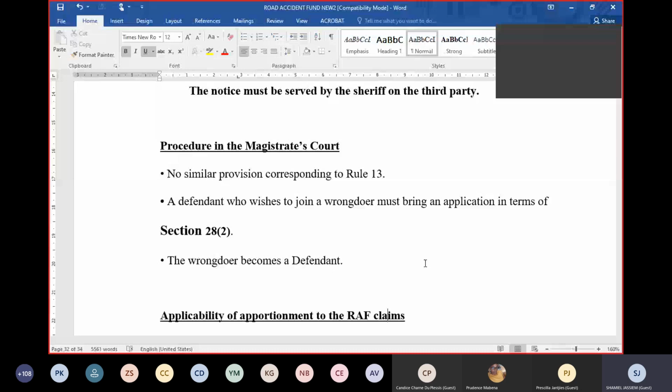Now having the background regarding a third party and a possible defendant that can be joined to proceedings, and what the procedure would be in the High Court versus the procedure in the Magistrates Court, let's turn our focus to claims, the Apportionment of Damages Act on claims against the Road Accident Fund.